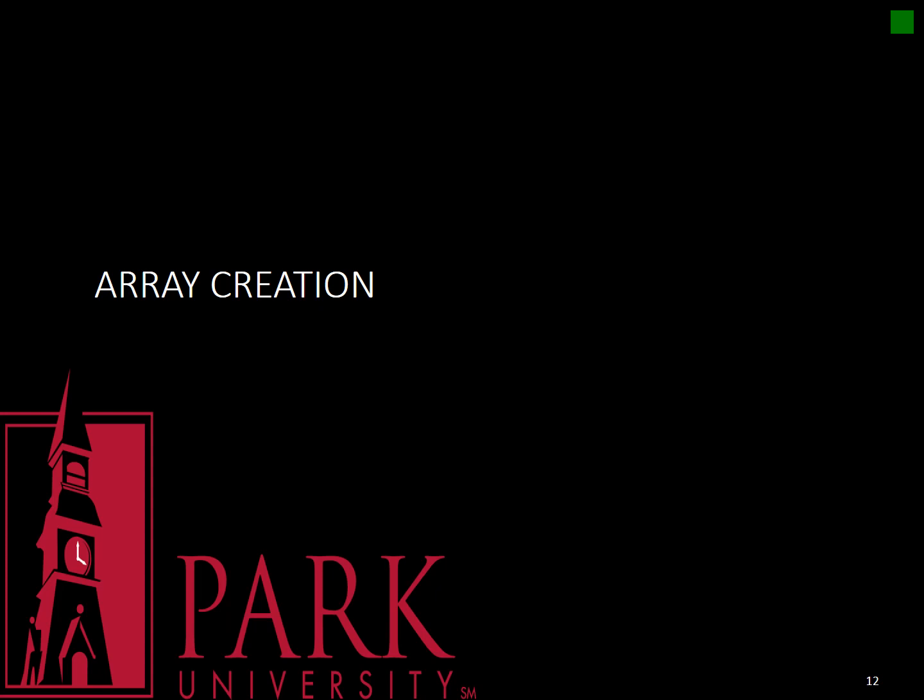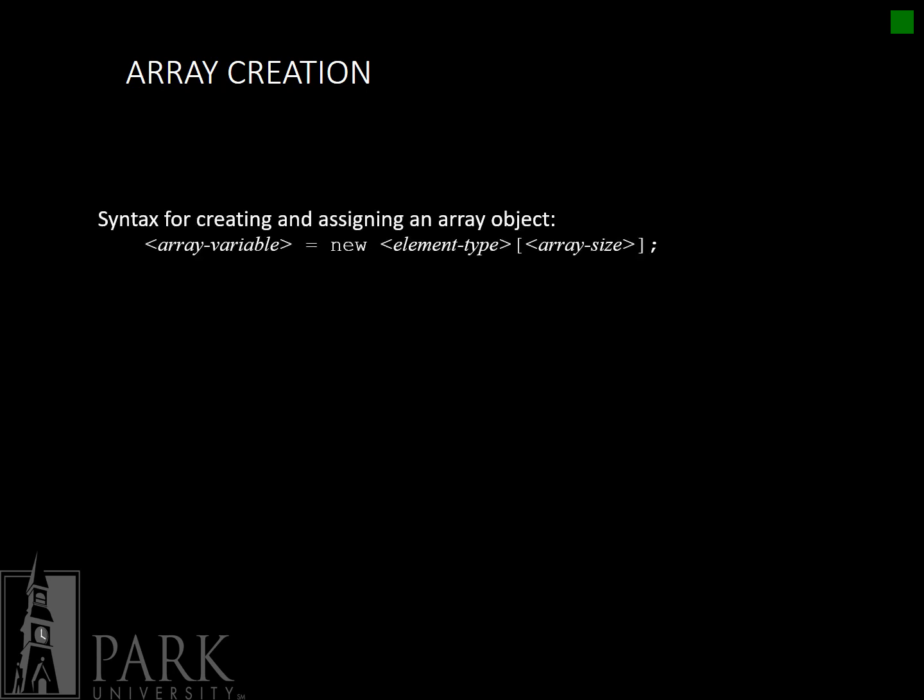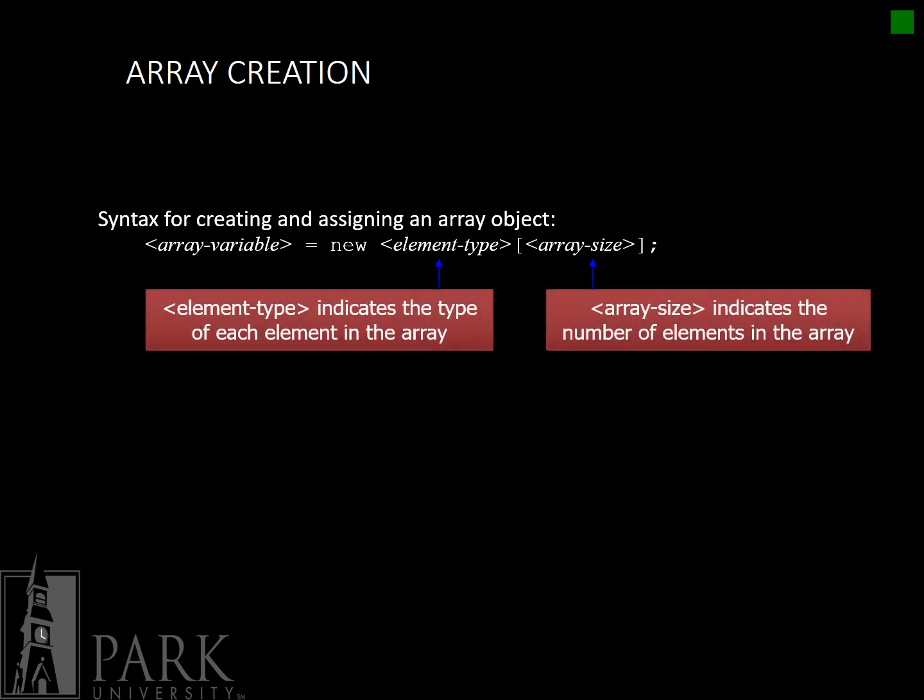So now that we've declared our arrays, how do we actually create them? Well, in Java, arrays are objects. And as with all objects, they are created or instantiated with the new operator, just like we saw in the example. So we must specify the type of the array and the size of it. Okay, so we saw that previously where we were asking the user how many do we put in, and the user is going to say, I want 9.